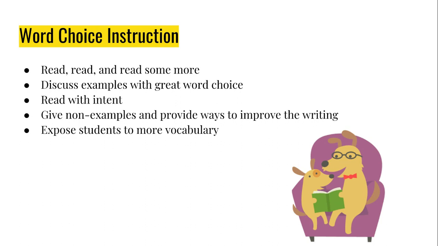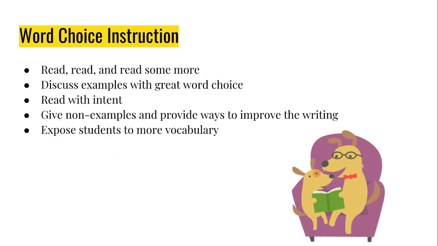And you want to be very specific in choosing your passages, because you want to be able to discuss those examples and think about, this is a great descriptor, but what if it wasn't so great? And that leads into the non-example category: show them sentences that aren't very strong, then show them how we can make those better sentences, and giving them the opportunity to do that will help them figure out word choice a little bit more.